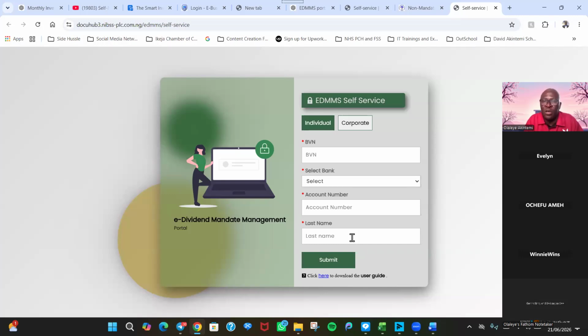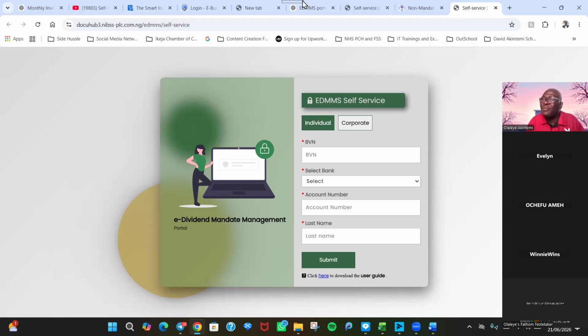So if that is the situation, then you probably need more documents to prove your identity. Probably you need a marriage certificate. You need an affidavit to say that I, Miss so-and-so, am now Mrs. so-and-so. When you have all those documents together, the best way forward is for you to send a message to the registrar of that stock.